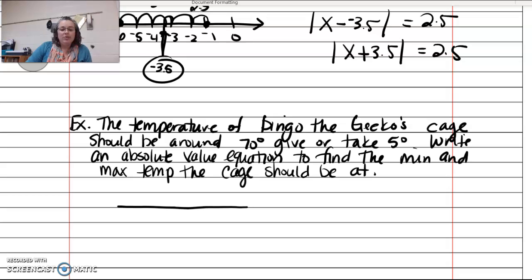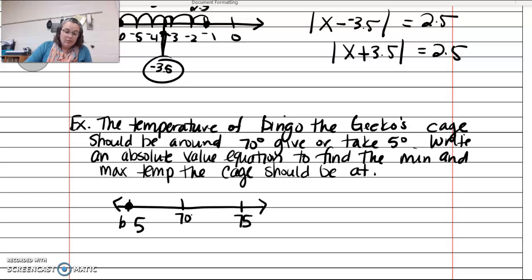So if I were to look at a number line here, we know it's at 70 degrees right now, but it can go give or take 5 degrees more or less. So we could have the highest here at 75 or the lowest here at 65.